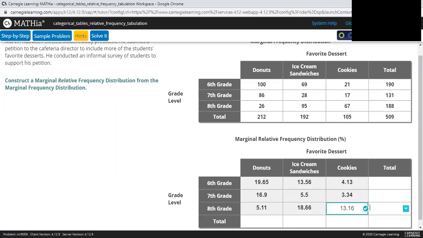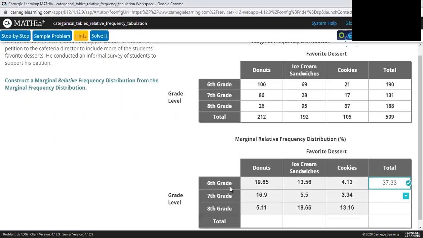All right, so now in our totals column, we're still talking about percentages. I want to add these 3 rows here. So this number is going to be 19.65 plus 13.56 plus 4.13.